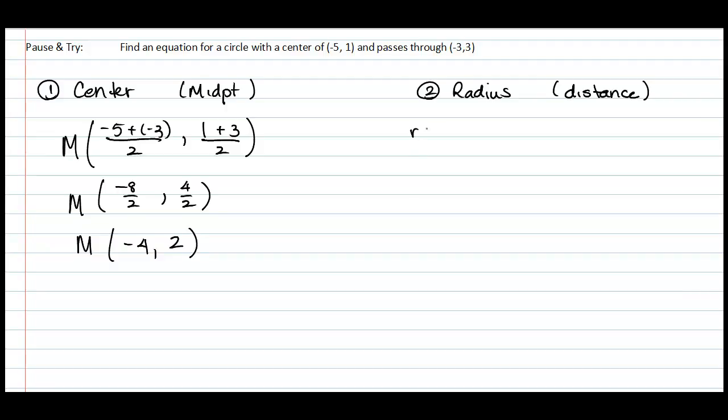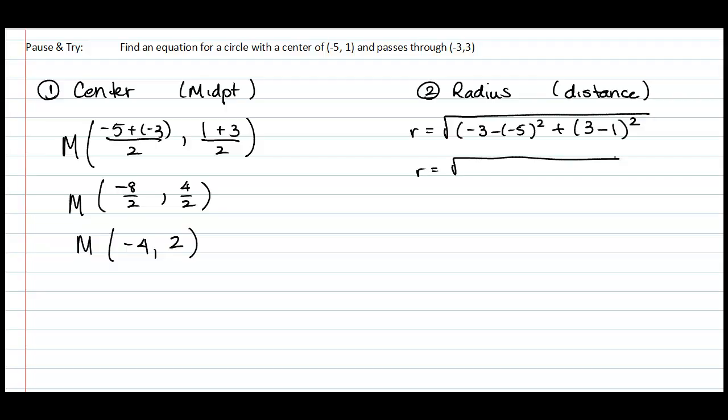For the radius, we're going to take the square root of negative 3 minus negative 5 squared plus 3 minus 1 squared. 2 squared plus 2 squared will give me a radius of the square root of 4 plus 4, which is the square root of 8.